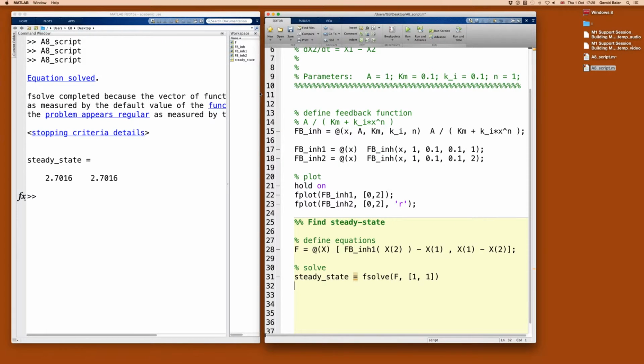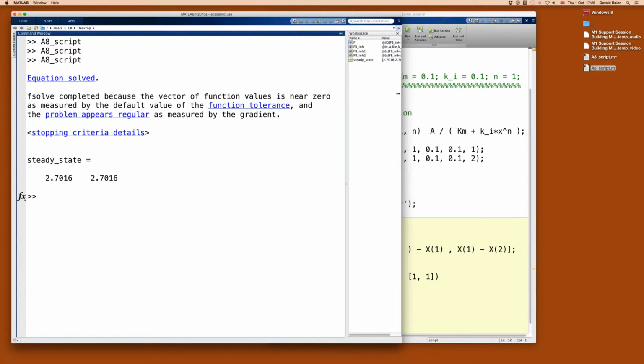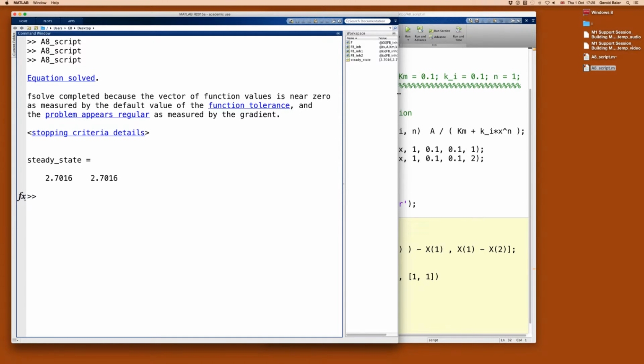You have run this section here, and you get the information from MATLAB that equation is solved. So that's probably output from the fsolve function. Quite happy with the output, equation solved. It looks quite positive, and all the text says there's no problem, for short. And stopping criteria means that this is a numerical way of arriving at these values that are then plotted at the end.